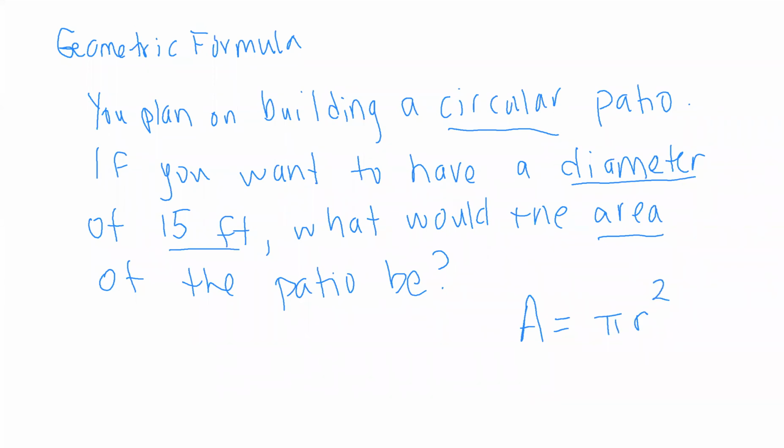Now, in this particular problem, since this is a real world problem, we don't want to leave pi in our answer. We don't want that exact answer where we figure out the radius, we square it, and then we just say pi. We want to go ahead and estimate this. So let's say pi in this case is approximately 3.14. So keep in mind, the diameter is 15 feet. We've got a circular patio and we want the area. Again, let me write it here just so it's in front of us. The formula for the area of a circle is pi r squared. We know that the diameter is 15 feet.